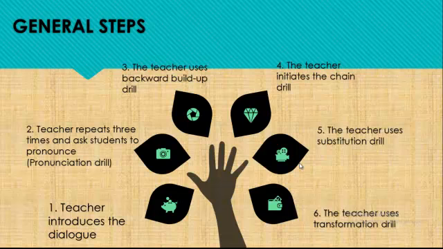And then the second one is the teacher repeats 3 times and asks students to pronounce. It means that in this section, the teacher uses repetition drill, so the students should repeat the dialogue 3 times.